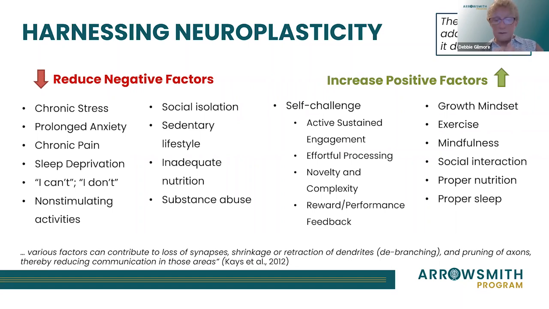As is, there's research also for the positive effect of exercise, the positive effect of mindfulness, gratitude, social interaction, proper sleep, and nutrition. So, again, we have choices about what we do in our lives. And if we really want to keep our brains healthy, if we really want to have a positive impact on our brain, we want to increase those positive factors.